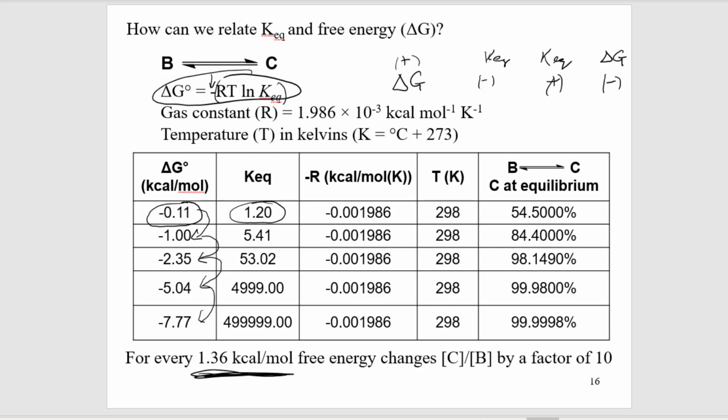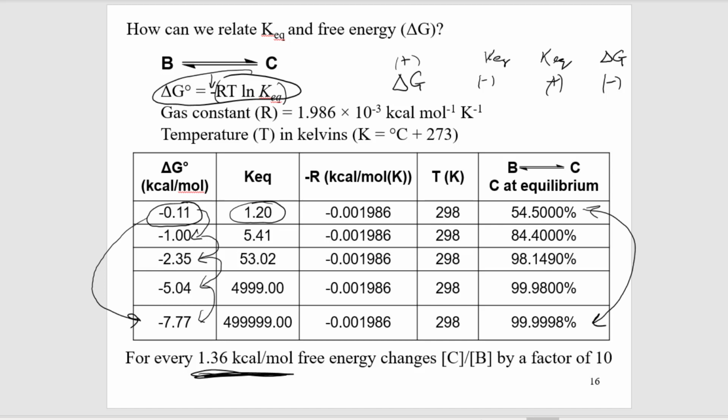So look what happens in an equilibrium as you go up and up and up in value from delta G of, say, negative 0.11 to negative 7.77. It doesn't seem like a huge leap, but look at the leap you make in favoring starting material to product, from 54% to 99.99%.